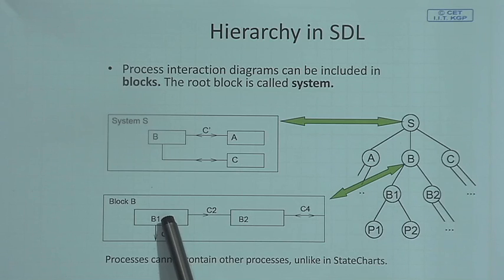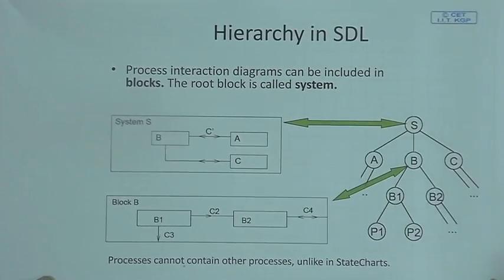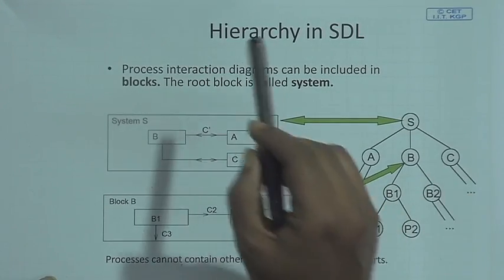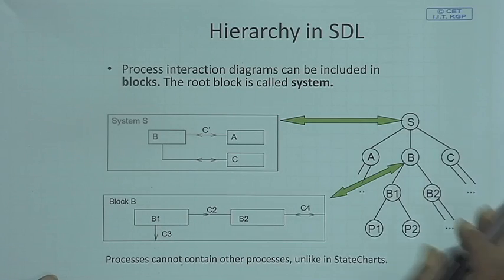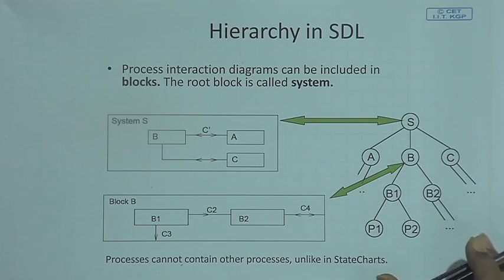Now, B1 can be further broken down into processes P1, P2, etc. This is a hierarchy I am exactly representing, which is so essential for specifying complex systems.